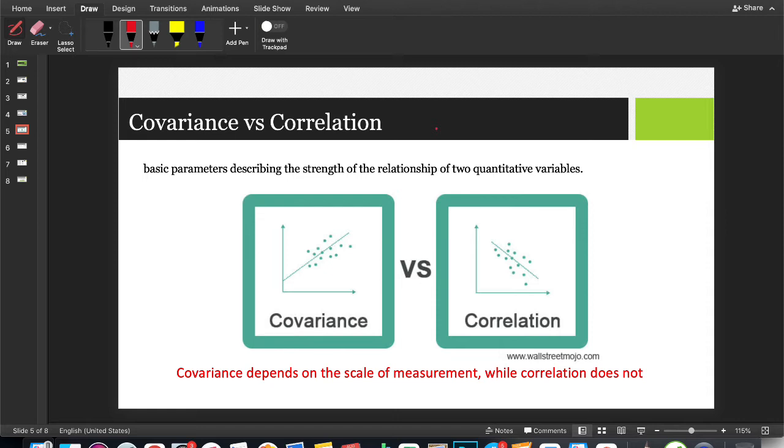If you have a negative correlation, it indicates an inverse relationship, such that population units that are low for one variable tend to be high for the other variable, while positive correlation indicates a direct relationship, such that population units that are low in one variable tend to be low in the other variable.